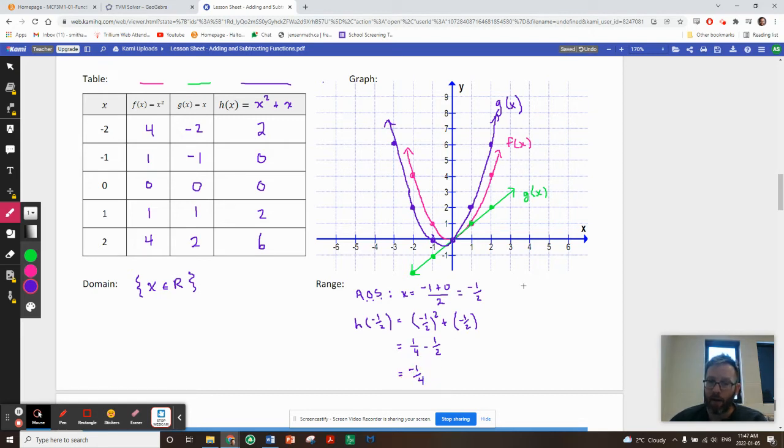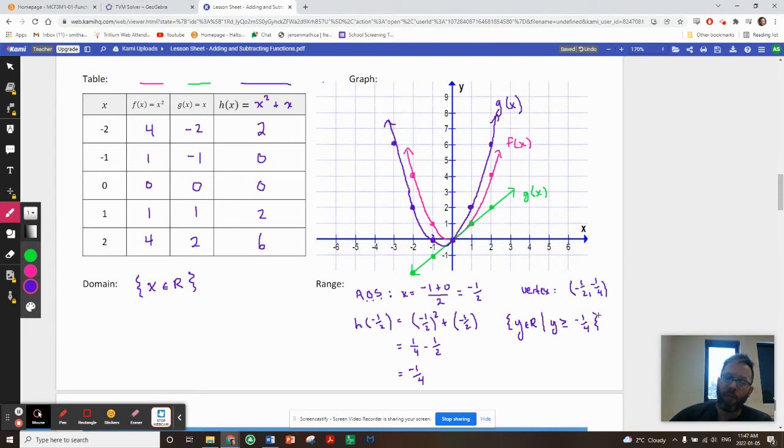And so the vertex of this parabola is actually at the point -1/2, -1/4. And so now we can state the range, right? Now we can state the range. The range is y values such that y is greater than or equal to -1/4.